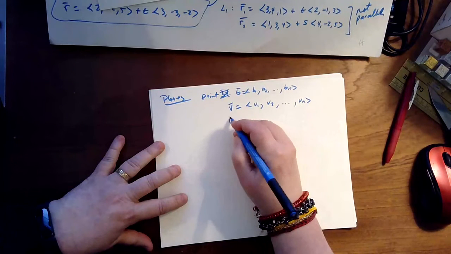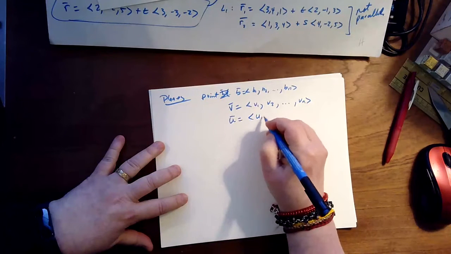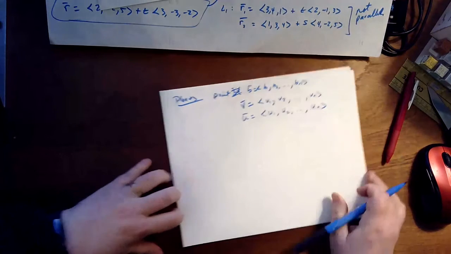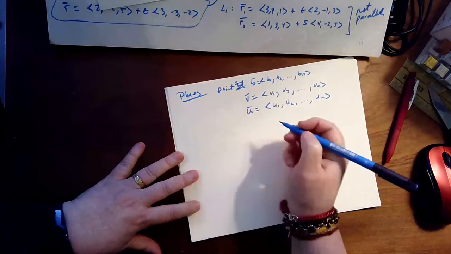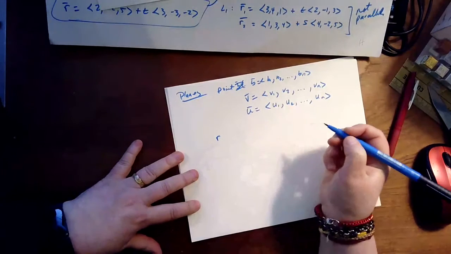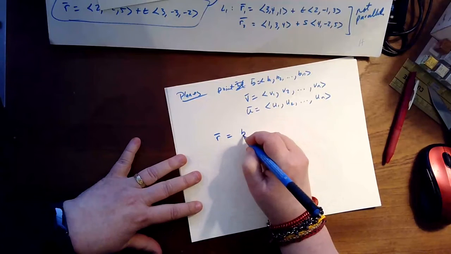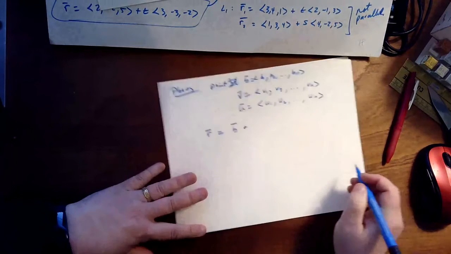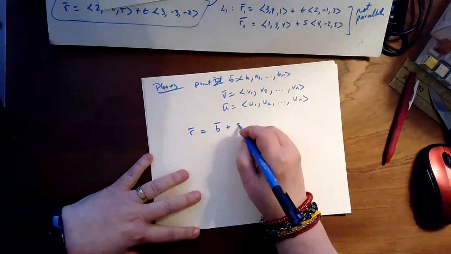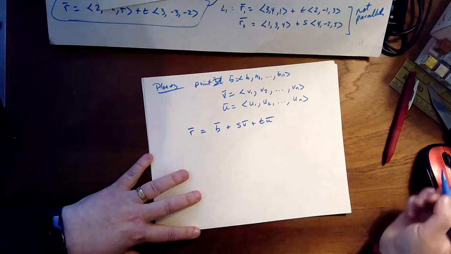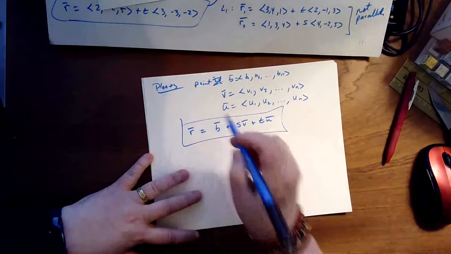And we have my u vector, u1, u2, up to un. So my plane, should I use R or P? Oh, it's R. R is my point. I need multiples of my V, and I need multiples of my U. So that's the equation for a plane.